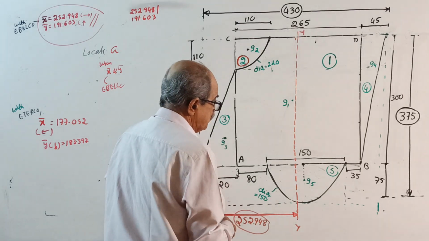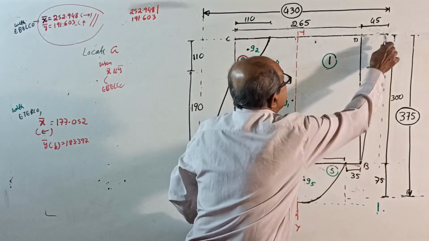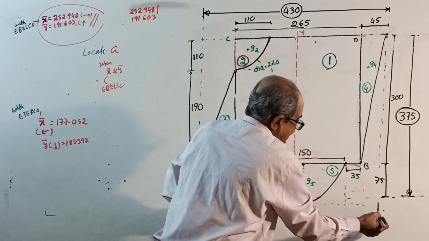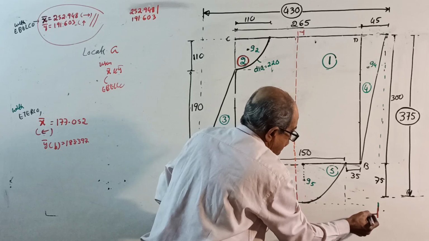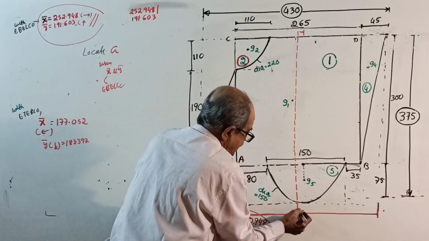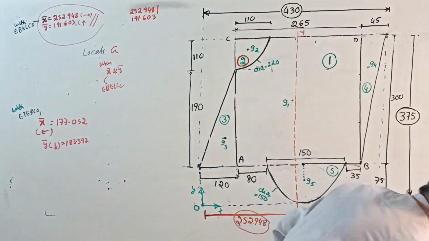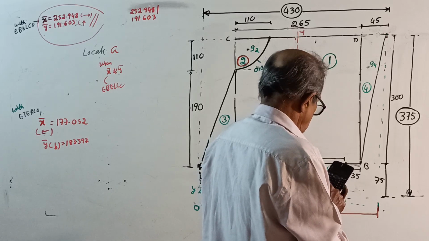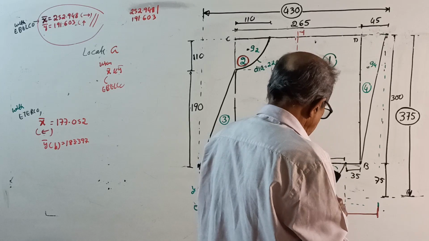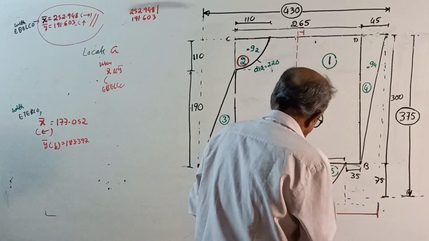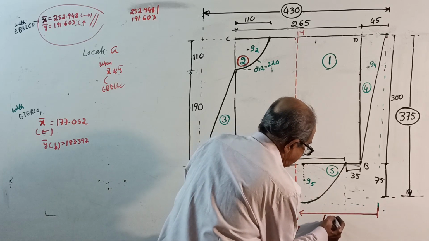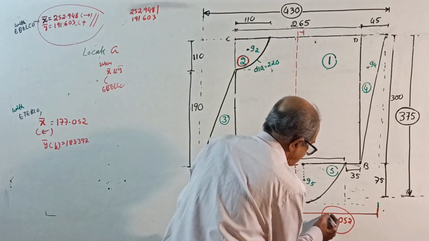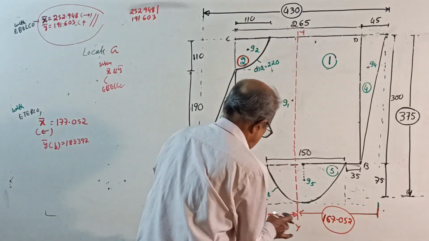If that is 252.948, from this extreme end here up to here, this distance will be total 430 minus 252.948, which is 167.052. Again I am rounding off. And remove this one. Okay.